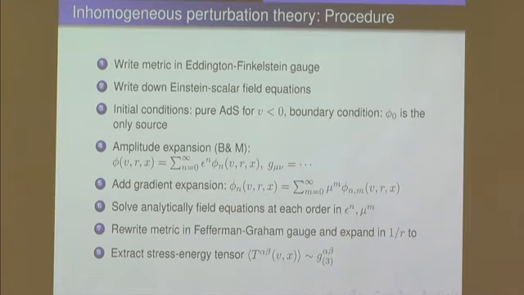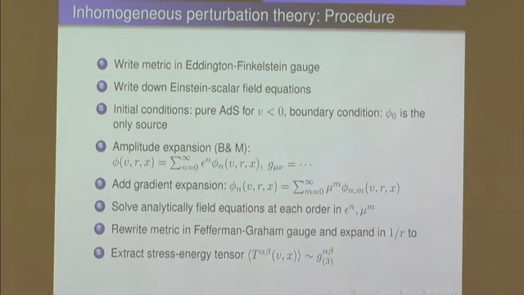Then you take the amplitude expansion of Bhattacharya and Minwalla, and on top of that, each term here you also develop in a gradient expansion where you introduce a derivative counting parameter mu. Then you plug these into the field equations and try to solve iteratively at each order in these parameters.